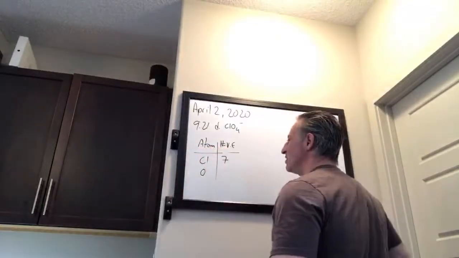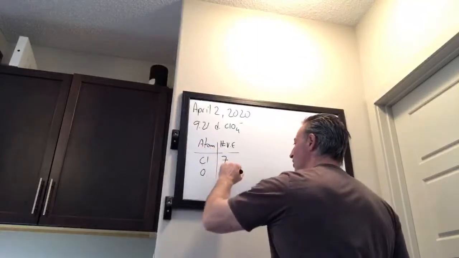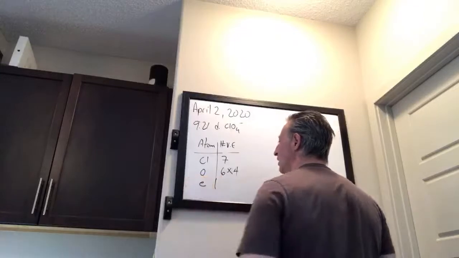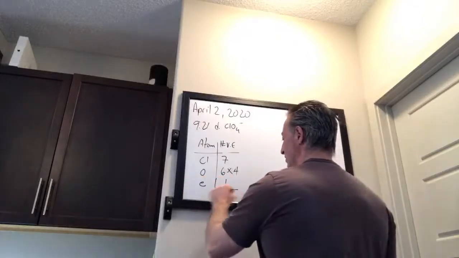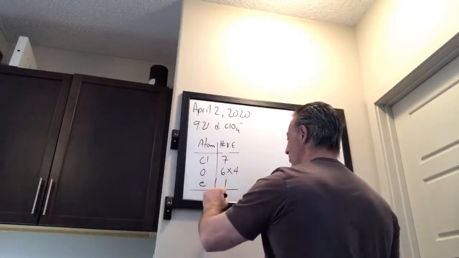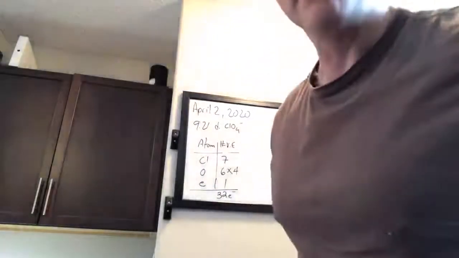Chlorine has 7 valence electrons. Oxygen, being a chalcogen, has 6, and there are 4 oxygen atoms. And there's an extra charge for the presence of a -1. So 4 times 6, 24 plus 8 gives you 32 electrons to account for.